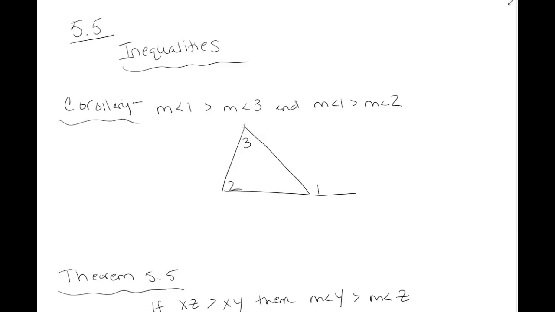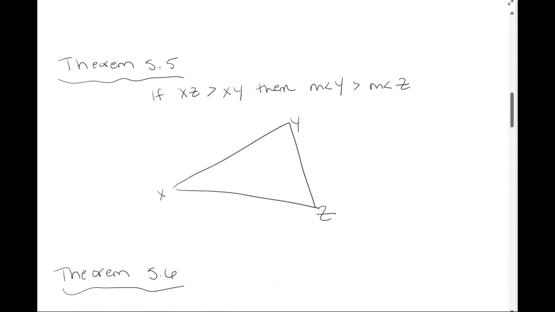And hopefully you look at this and you think, duh, because we had a theorem that said the exterior angle, angle 1, is equal to the sum of the remote interior angles. So we had the exterior angle theorem telling us 1 is equal to the measure of angle 2 plus the measure of angle 3. So of course 1 has to be bigger than each of those individual angles. Okay, but we're going to use that. So hang on to that guy.